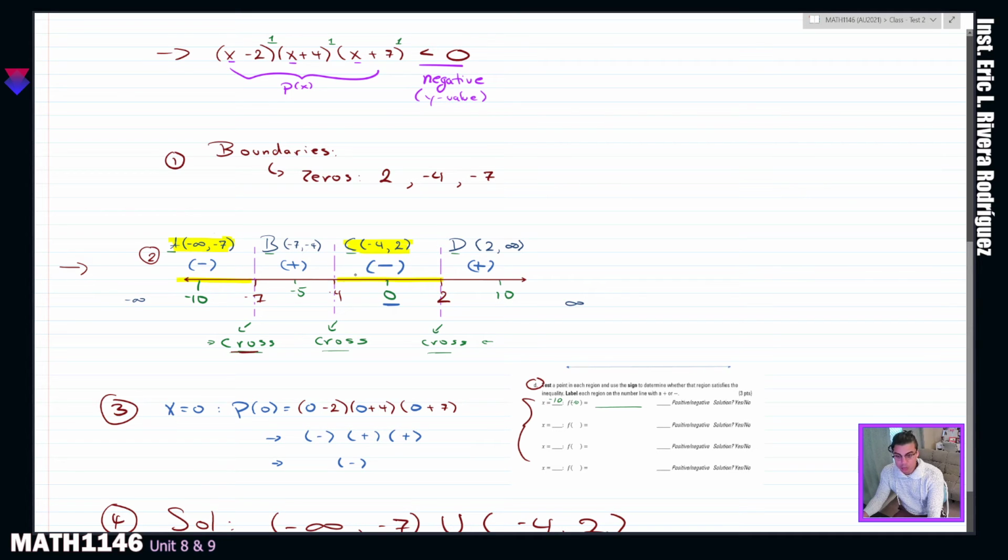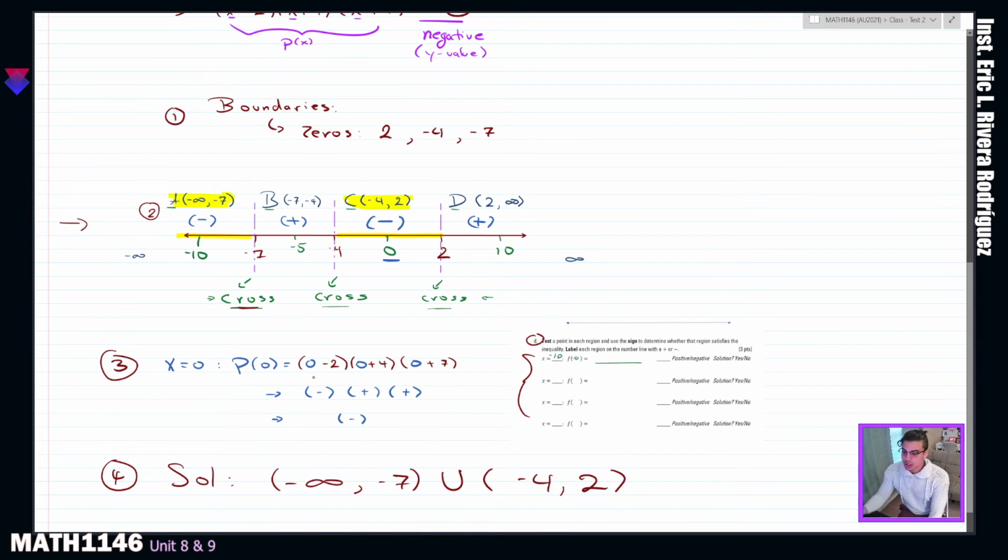Once you get the sign of one region, you can determine the sign of all the rest of the regions, right? So on step number 2, you have two options: you can use the behavior of the x-intercept, or you can go and test each region. Either one is going to be okay.